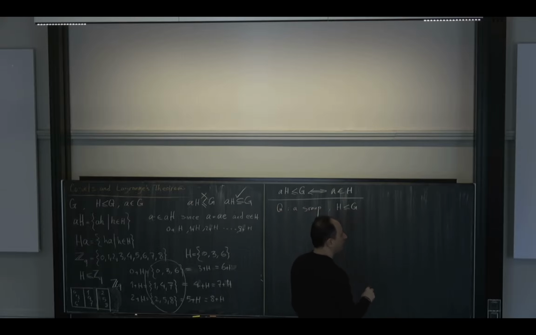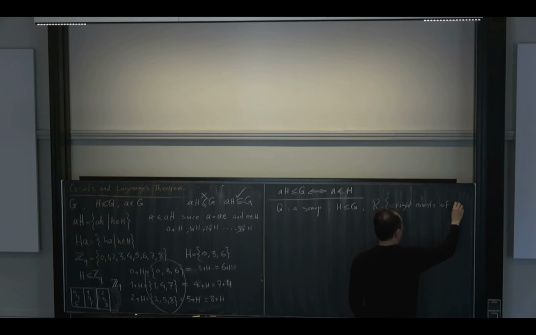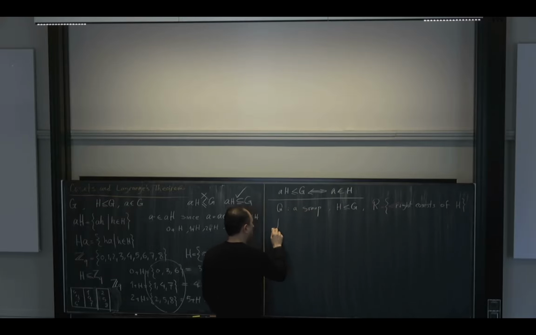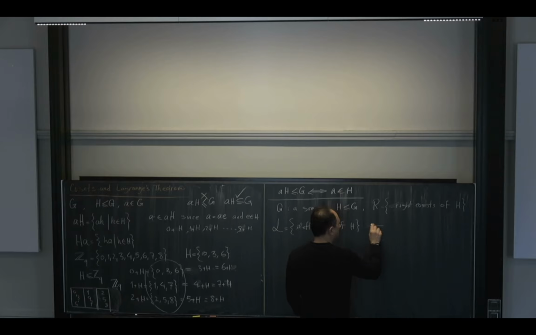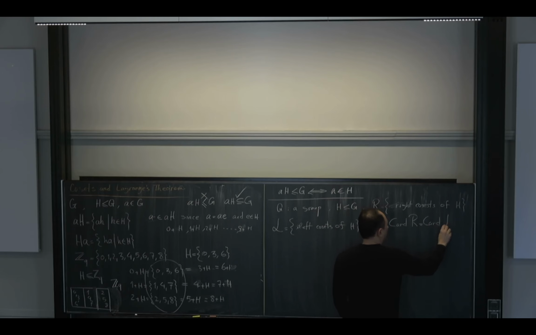And then R is the set consisting of all right cosets of H. And let me write L to be the set of left cosets of H. The claim is that the cardinality of R is equal to the cardinality of L.